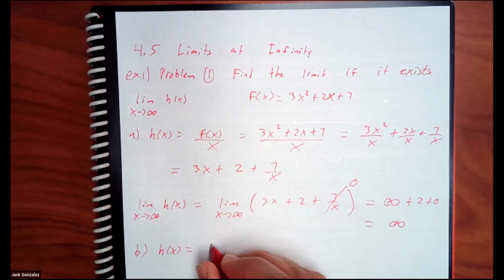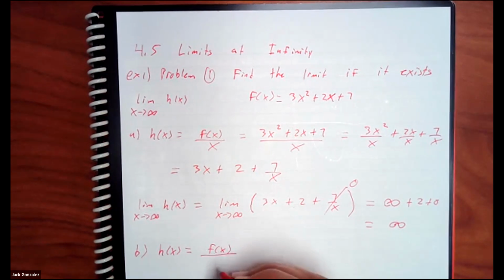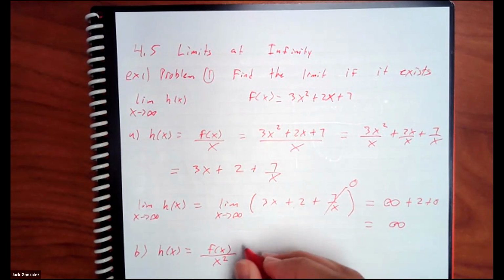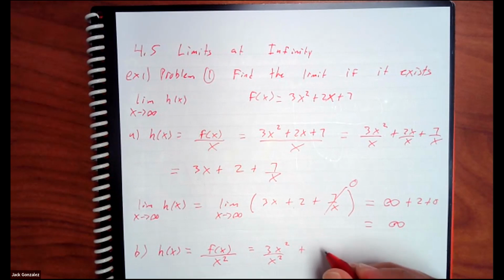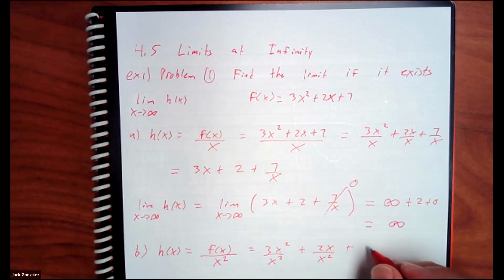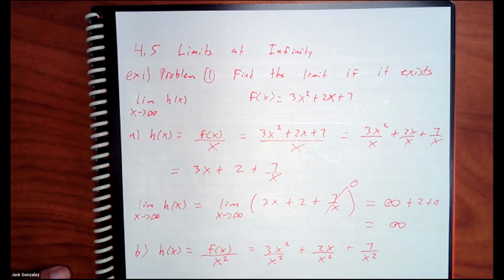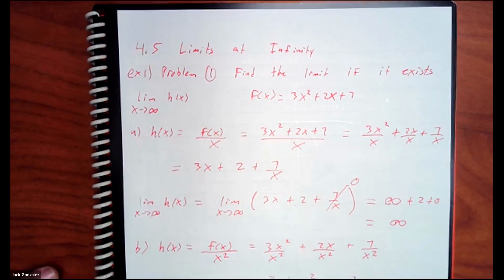On this one, they divide by x squared. So that means we get 3x squared over x squared plus 2x over x squared plus 7 over x squared. That will reduce to 3 plus 2 over x plus 7 over x squared, right?